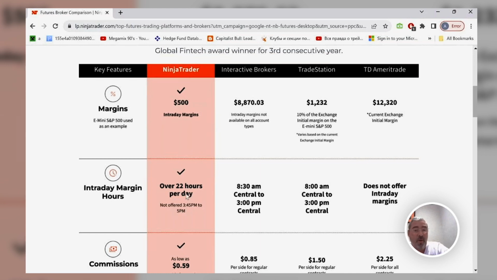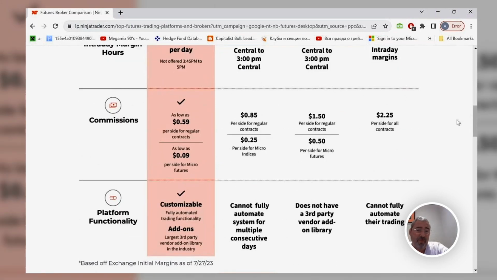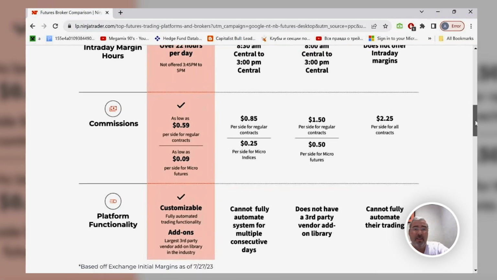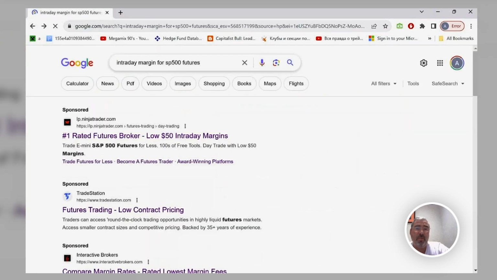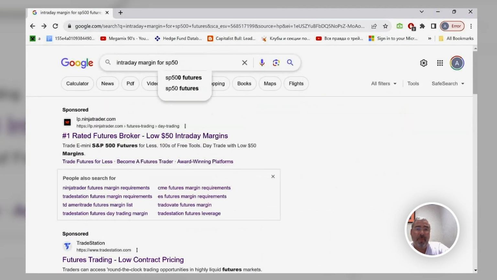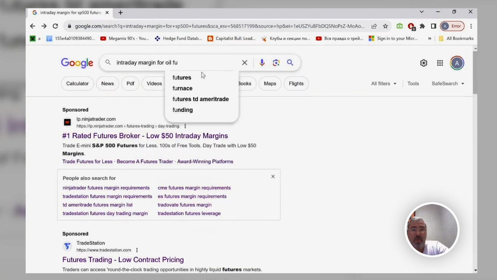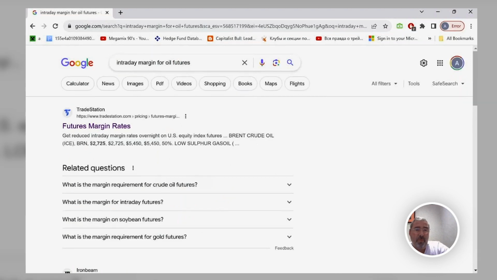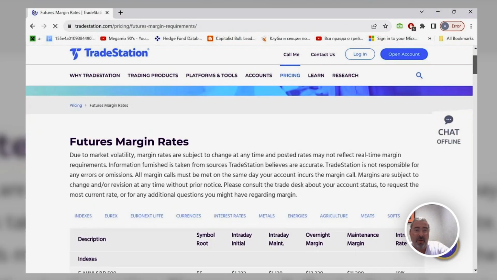Right here, over 22 hours per day, you can trade with $500. The commission is also very low. See, the platform is very good. I've known NinjaTrader for a long time. So what do we have here? Let's say it's the S&P, and now let's check the intraday margin for oil futures. This is TradeStation, but you can go to any other.